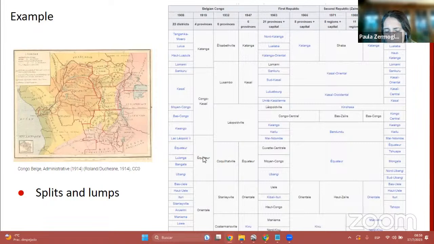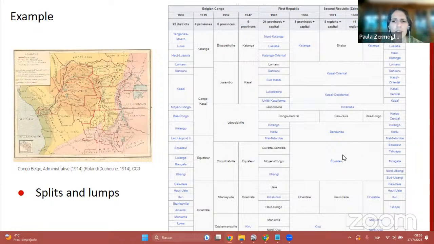So this one is different from this one in that it doesn't include this district, the Lac Leopold II. And that was over a period of 30 years. Then this got further divided, then it went back to the previous name, and then it got divided yet again. So this in 2015 is closer to our time. Equator became a separate province, but that is much smaller even than the first district that was called Equator.